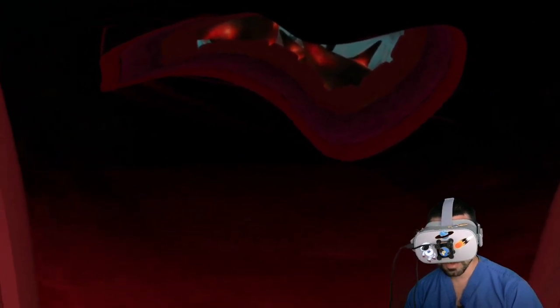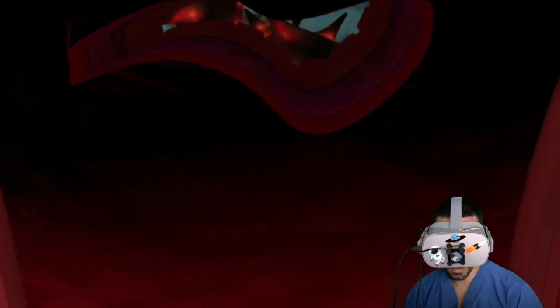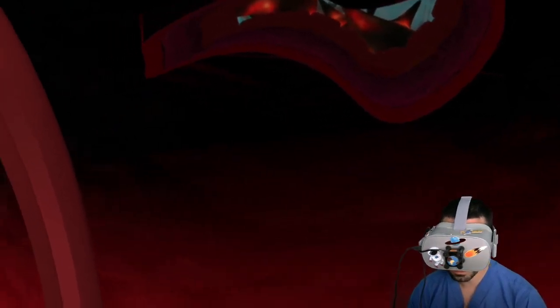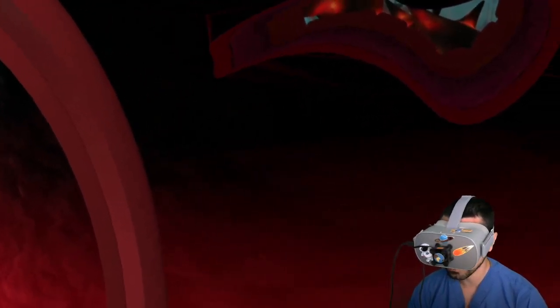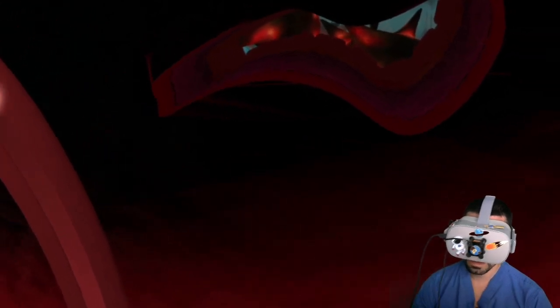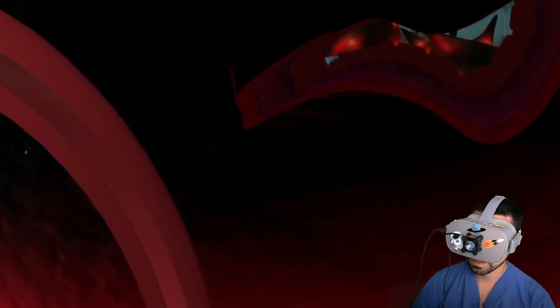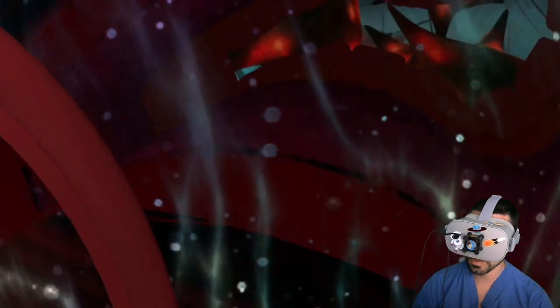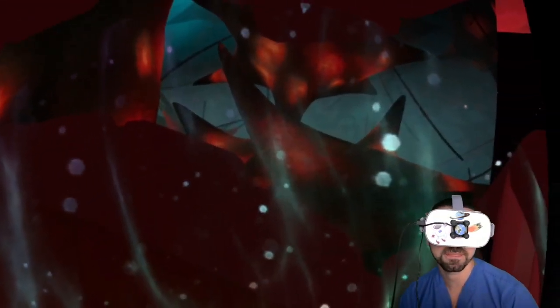Now we expect the macrophages to come and start searching for invading antibodies. Looks like someone or something is trying to invade the blood vessels. So let's get inside there. We have to get much smaller to be able to fit in there.